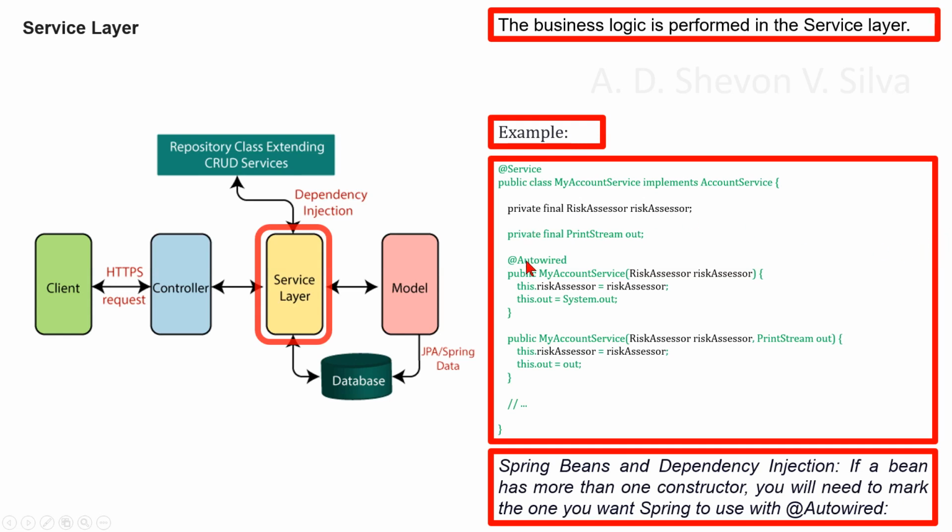This example shows an @Service bean that uses constructor injection to obtain a required accessor bean. If a bean has more than one constructor, you will need to mark the one you want Spring to use with @Autowired.